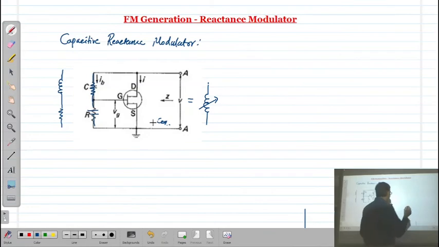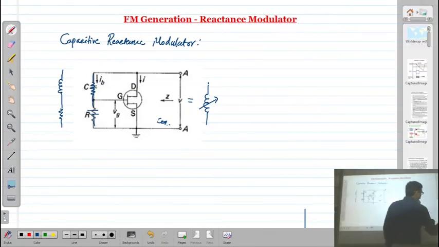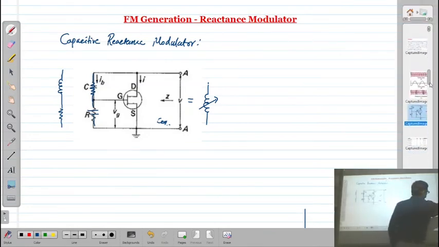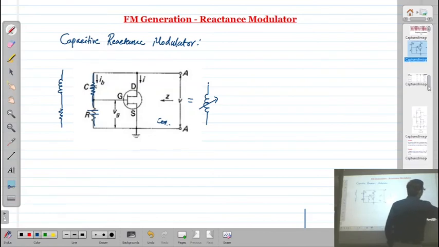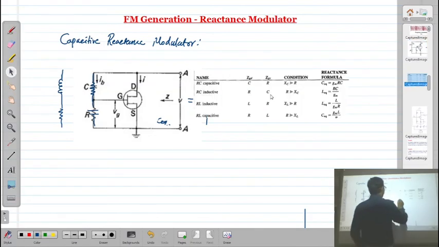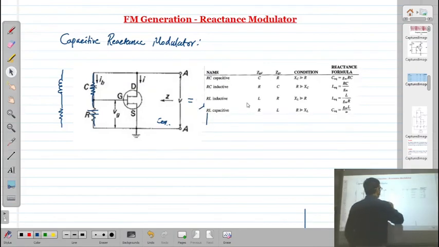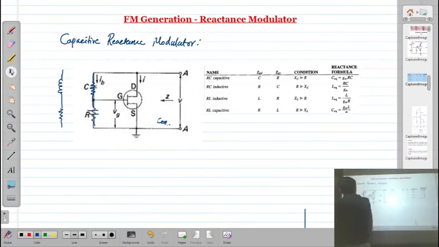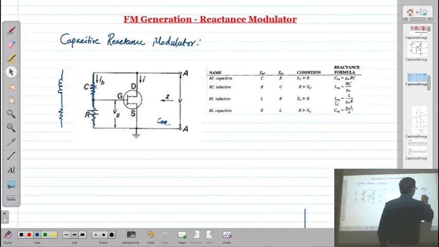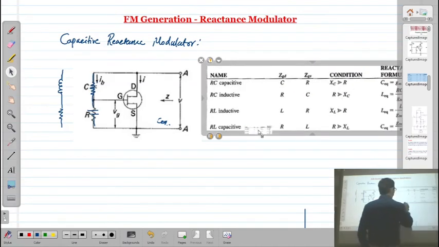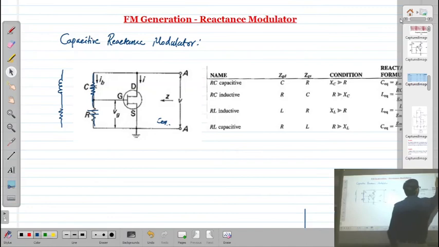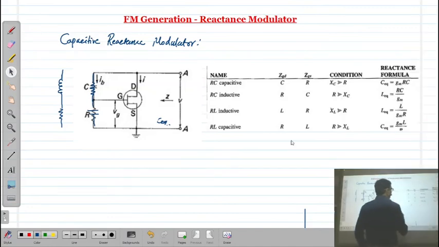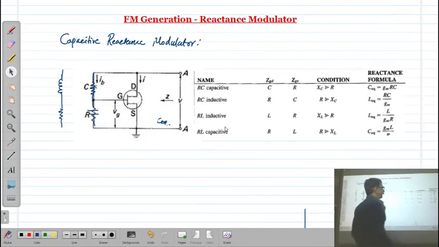Here, if we see, we can have different combinations. You can see the different combinations are there.